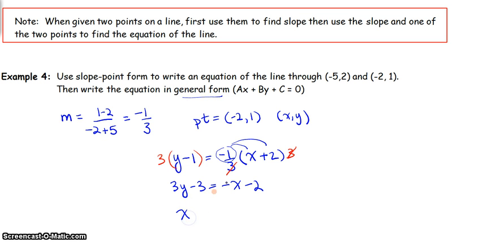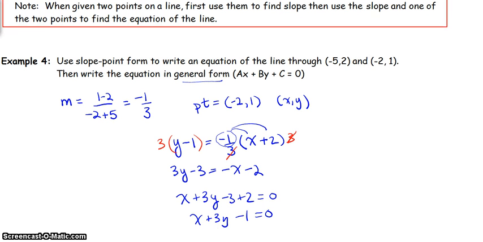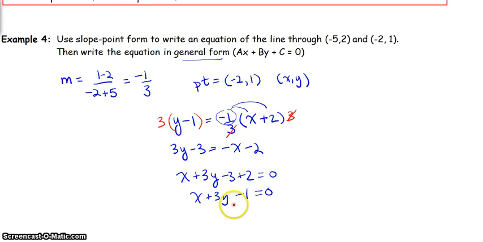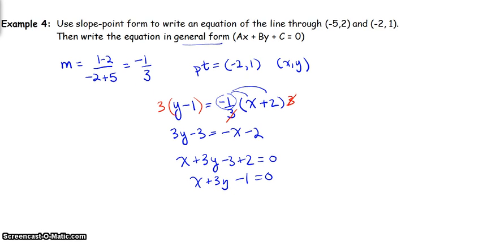We want to move everything to the left because it's general form. -3 plus 2 equals 0, collecting like terms. And there you go. You have found the equation of a line in general form using a point and the slope.